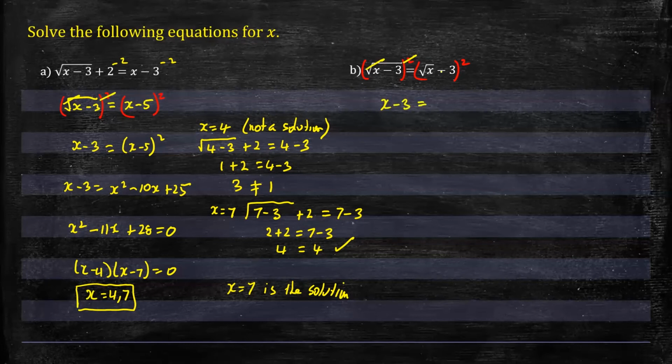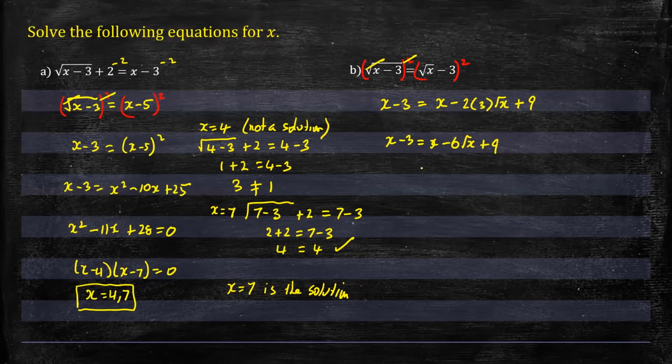And on this side, we need to expand it. So we've got square root x squared, which will be x, minus 2 times 3 times the square root of x, plus 3 squared, which is 9. So we have x minus 3 equals x minus 6 root x plus 9.